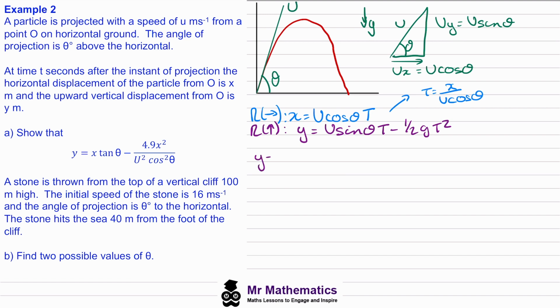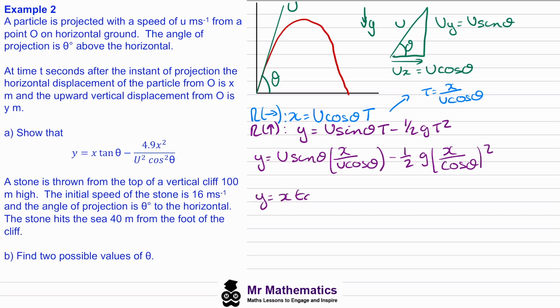So y will equal u sine theta times x over u cos theta minus 1/2 of g times t squared. We can see this u will cancel with this one. The sine over the cos will give us tan. So y will equal x tan theta.